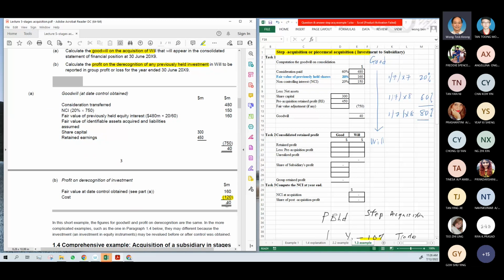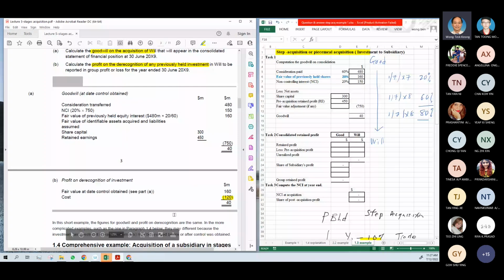It's just like 2 years ago you bought Maybank shares at $3. You buy more shares now, the share price now is $5. So the $2 went up. It's a previously held share, you gain $2 per share. As simple as that. You don't use what you previously held, you use the value now.